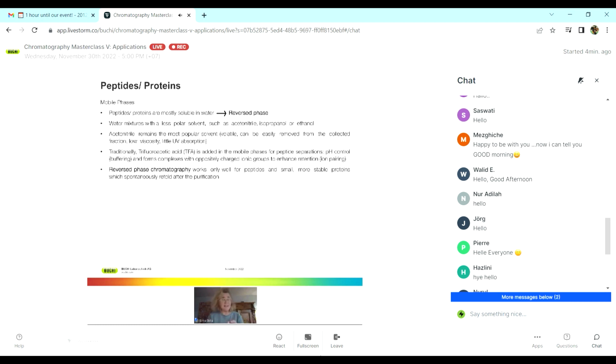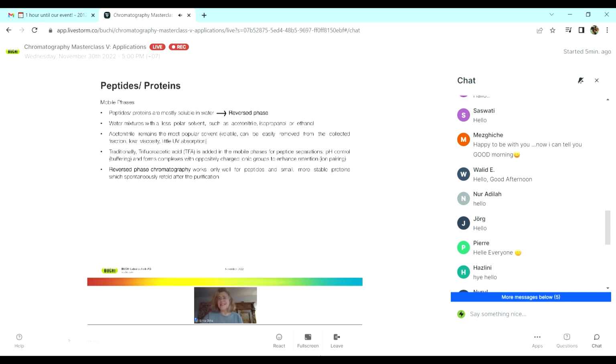It can be easily removed from your fraction after the collection by evaporation. It has a low viscosity and it has little UV absorption. And what you also typically do is add TFA to your mobile phase for pH control and also to enhance the retention.